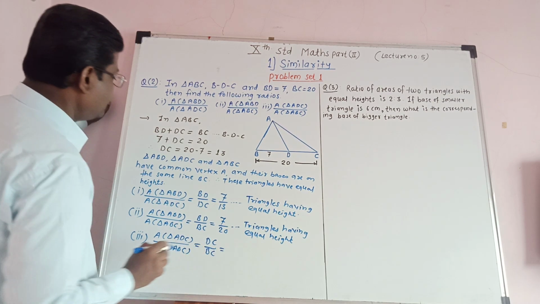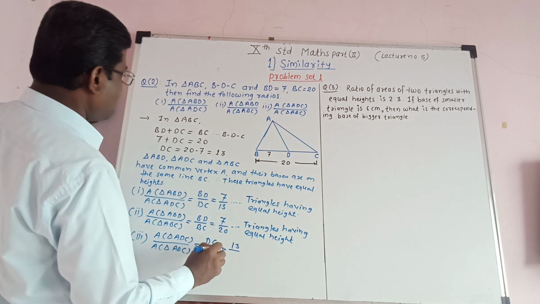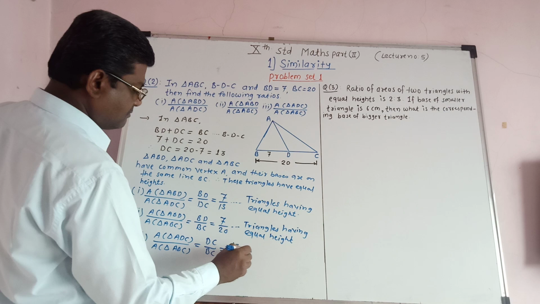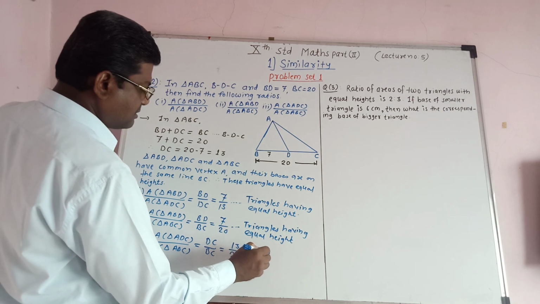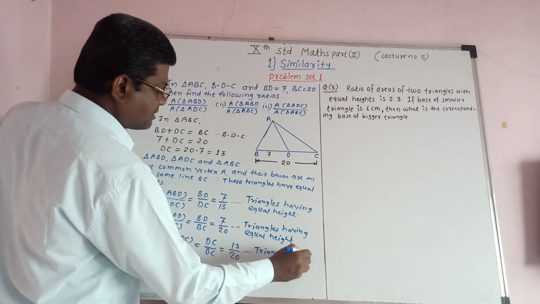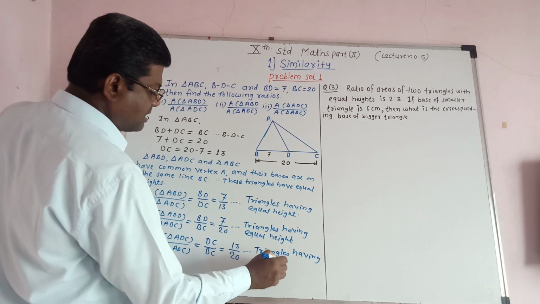DC upon BC. Value of DC is 13 and value of BC is 20. And reason is triangles having equal height.